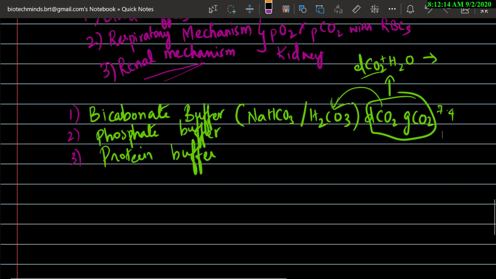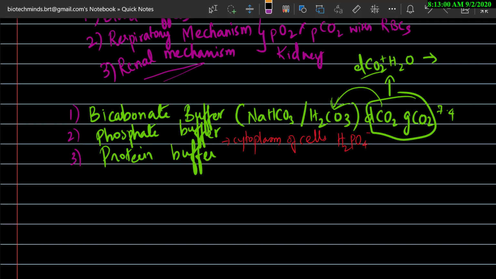And the second one is phosphate buffer. This phosphate buffer exists in the cytoplasm of all cells, so it is an intracellular buffer. H2PO4 minus, what is H2PO4 minus?